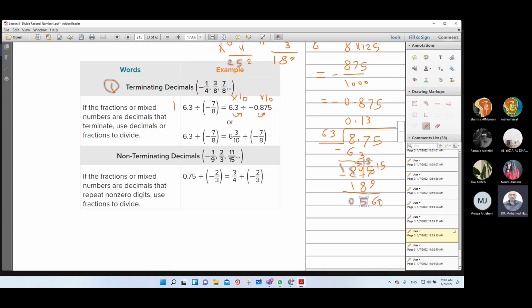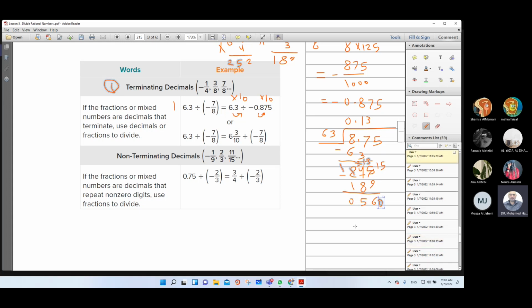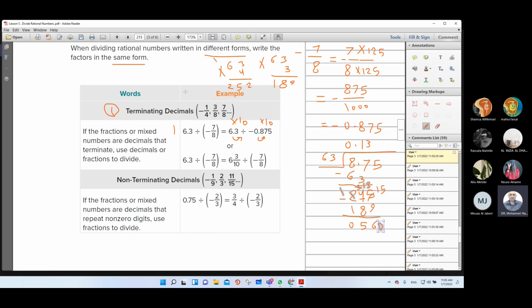Now we can continue this operation because here we have a decimal, we have a point, so we can write here 0. Now look for a number multiplied by 63 equal 560 or close to 560. So you can try, for example, 9. 9 times 3, 27.